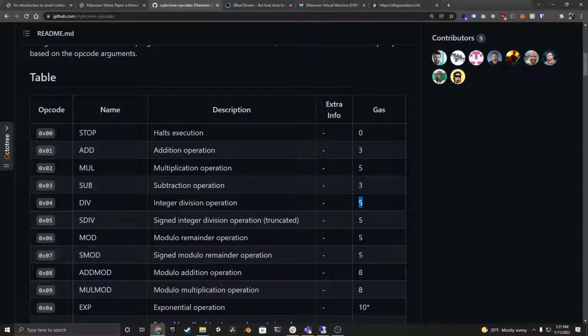Even if you had all the money in the world, you're just going to waste it on running a program forever. So that's why, when we get into transactions and how we actually set the gas limits and the gas price when we start to use these smart contracts, this is going to become very important.